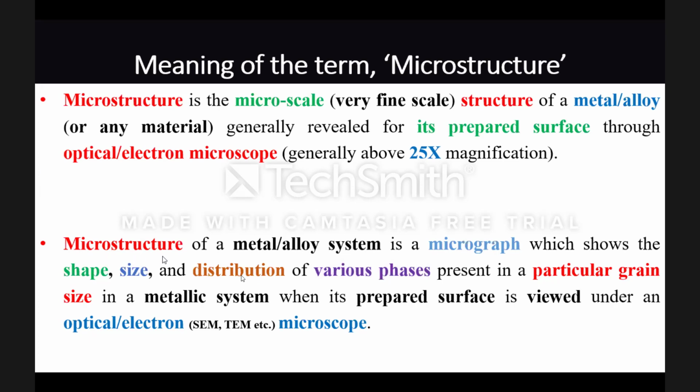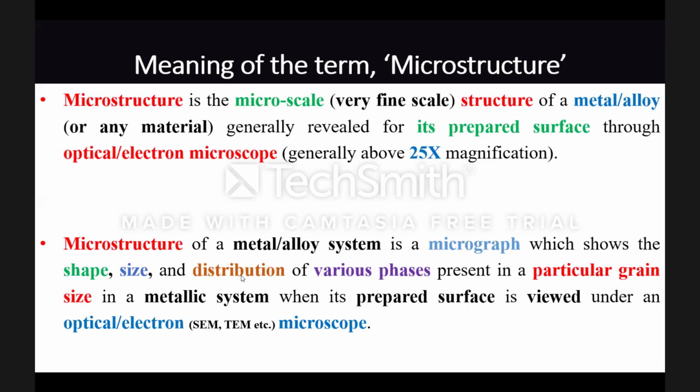When you view the micrograph of a metallic or an alloy system, one, you would see different phases present in it. There might be only one phase present. There might be different phases present in it. So one of the things which makes up the microstructure of a material system is the phase details.